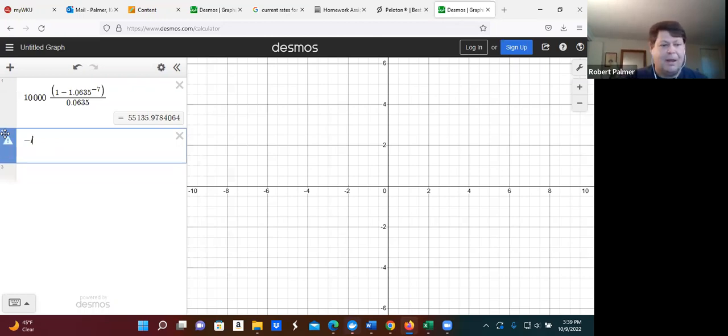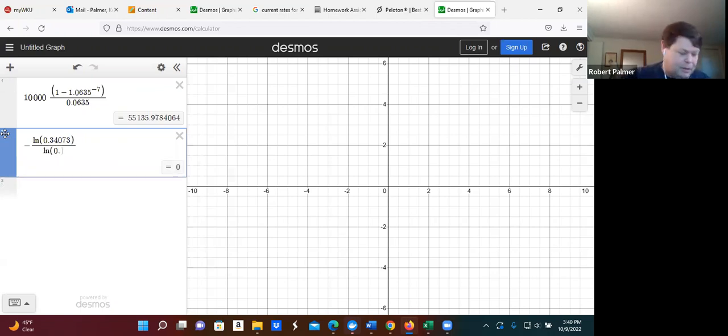Now just type in ln and then use parentheses, and so the numerator is going to be 0.34073. Then that's divided by ln, and once again parentheses of 1.01916. Okay, make sure everything is right.